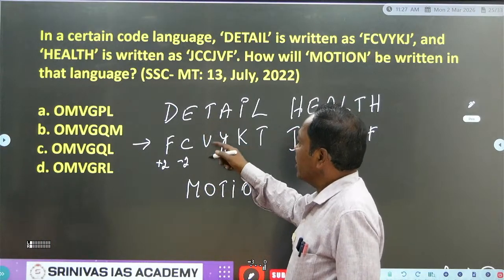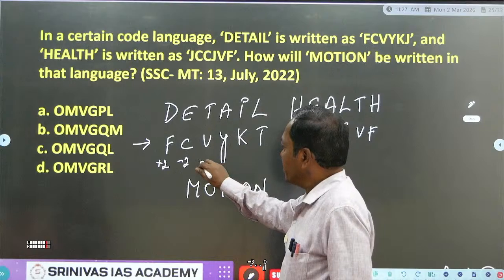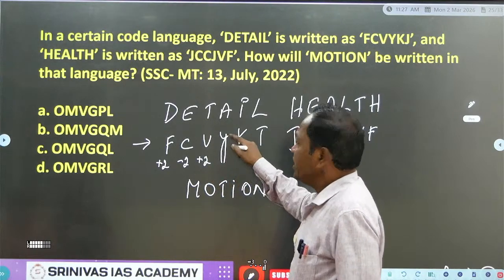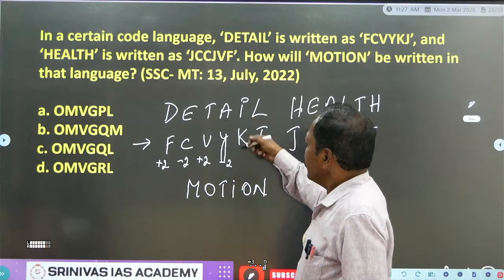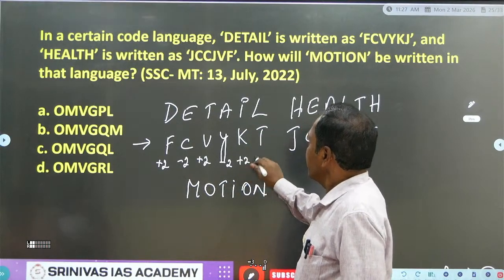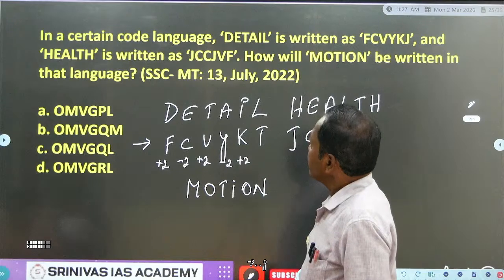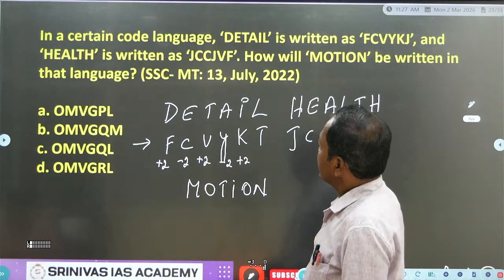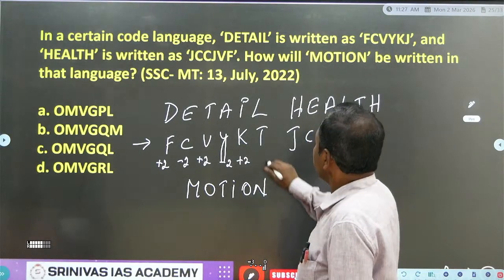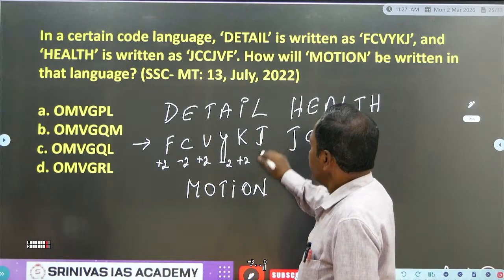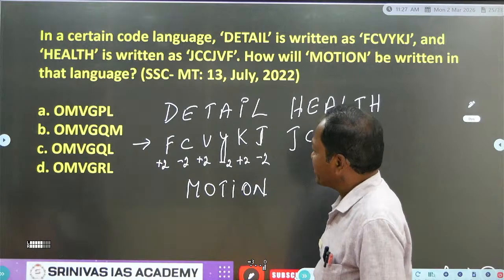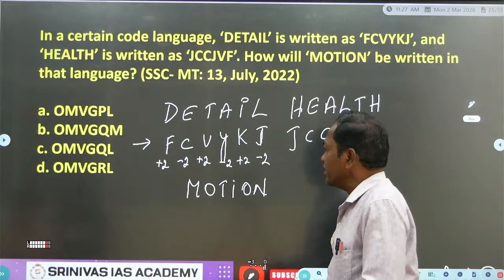This is T. After T, U, V plus 2. Y, Z, A minus 2. J, K plus 2. J, K, L minus 2. It's very simple, plus 2, minus 2, plus 2, minus 2 is being repeated.